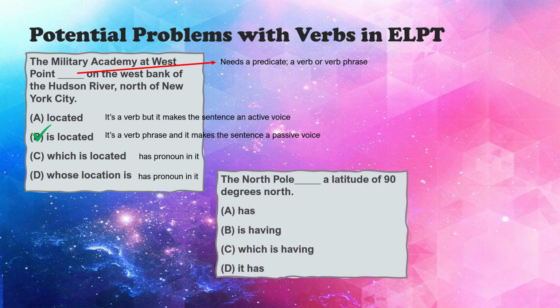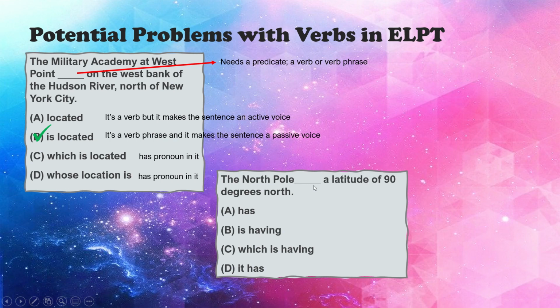Another sample. "The North Pole, blah blah blah, a latitude of 19 degrees north." Same as the previous question, you have to check what is needed in this sentence. This sentence has a subject, the North Pole, and also a complement.